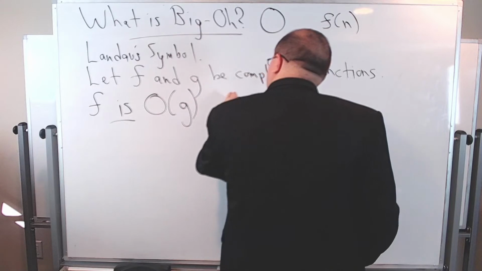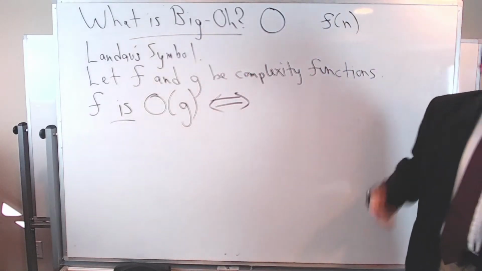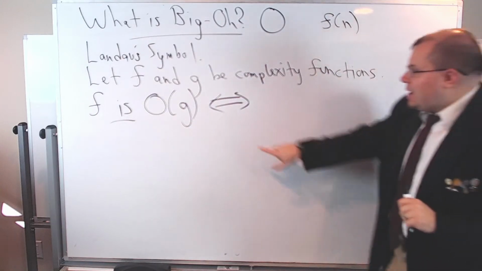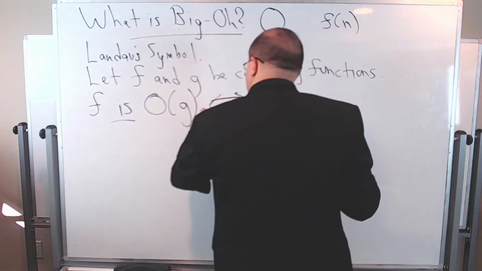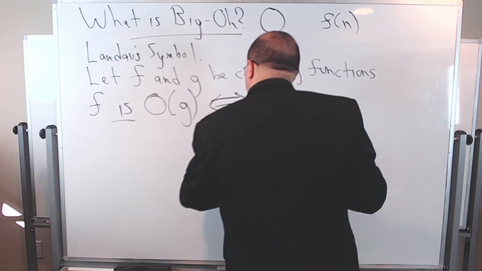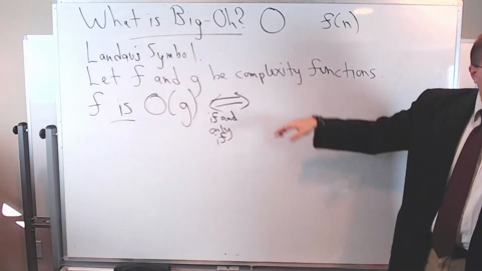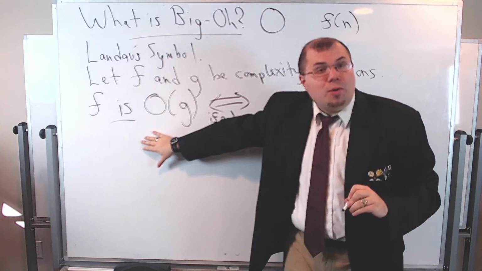if and only if. Now, I sometimes like to use fancy symbols, but I have to explain what those symbols mean. So I'm using a double arrow here. This represents if and only if. You might know this is a biconditional. So what I'm going to say is that this is what I'm going to define big O as.